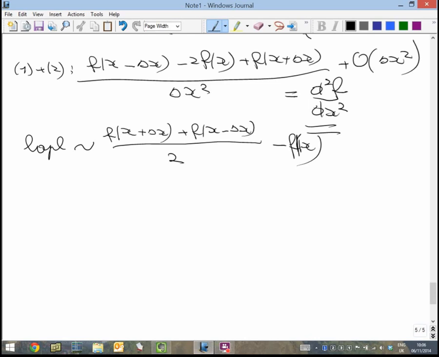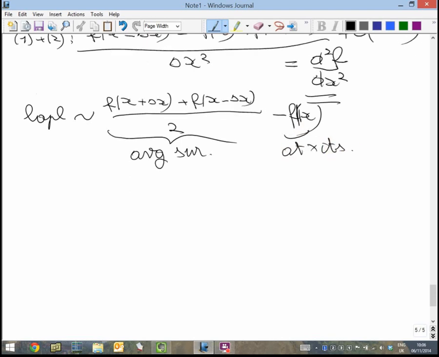Yeah, that's the average of the surroundings, basically, yeah? So the Laplacian is actually proportional to the difference between the average over the surroundings of the function and the function at the point itself. So this is the definition of Laplacian, or the geometrical interpretation of Laplacian rather.